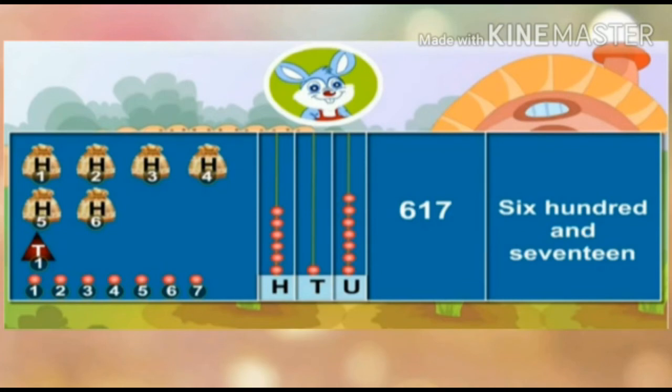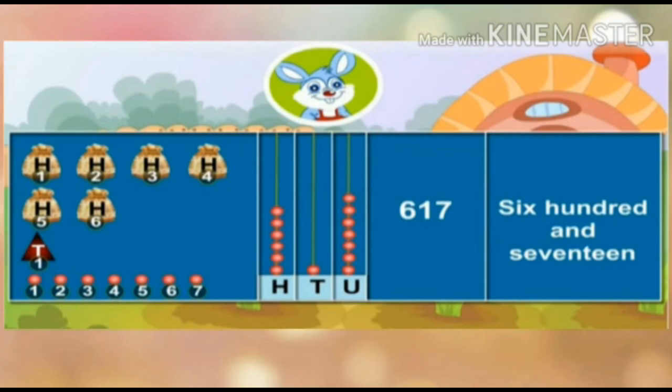First, we will count the hundreds. 1, 2, 3, 4, 5, 6 hundreds. There is 1 ten. And how many stray beads? 1, 2, 3, 4, 5, 6, 7. 7 extra beads, which means 7 ones.